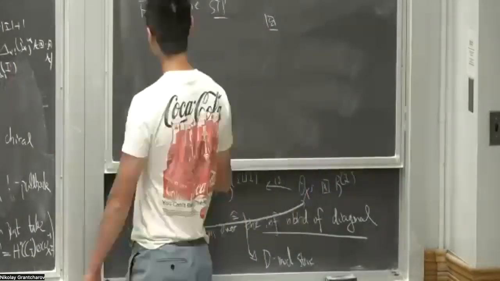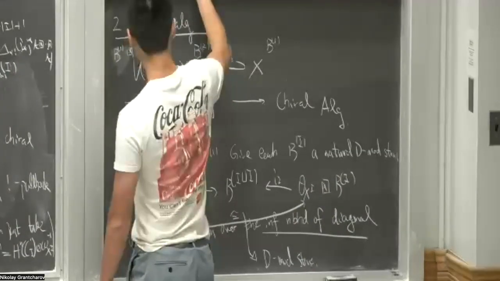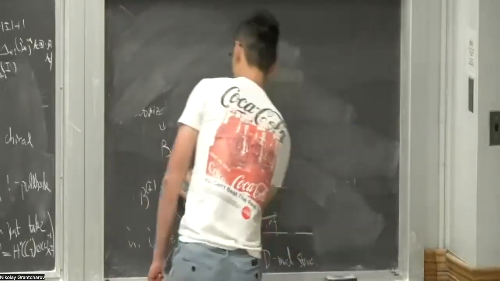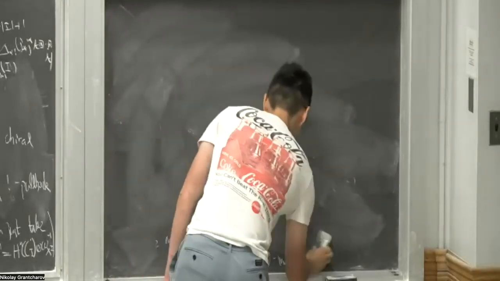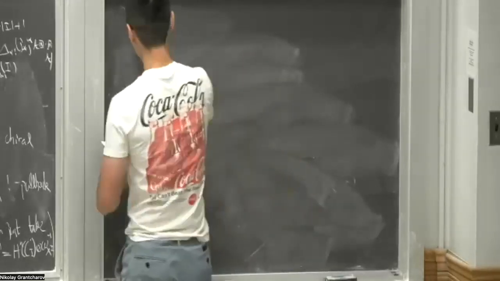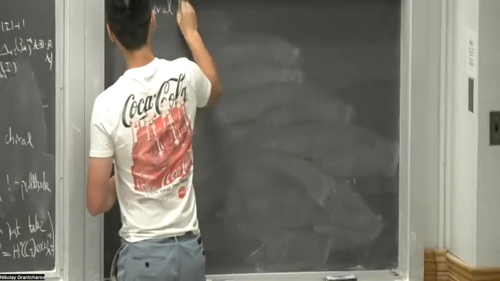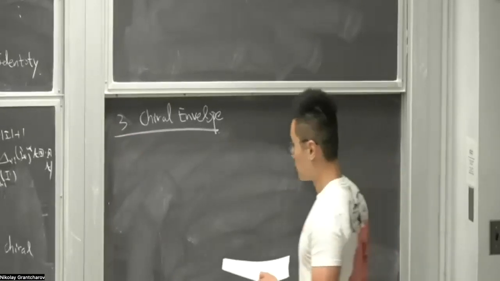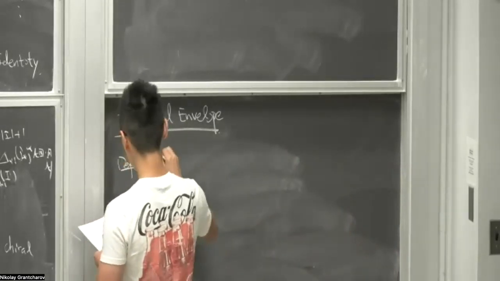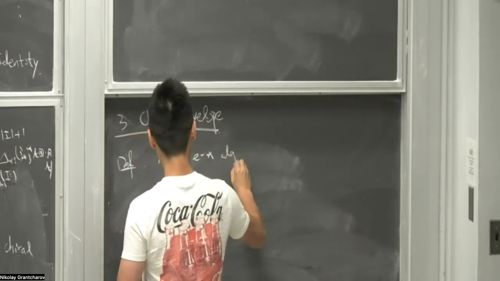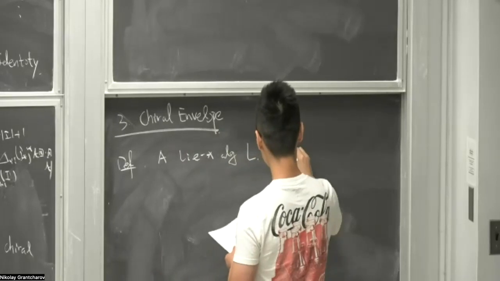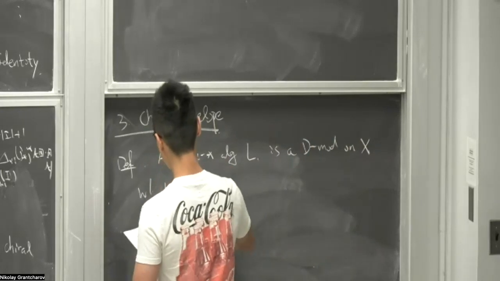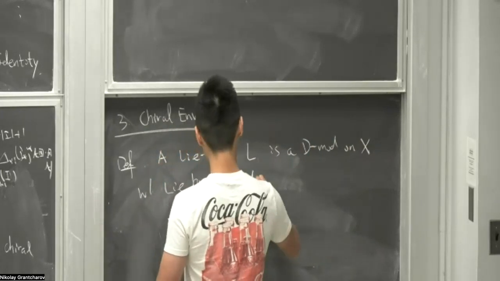So we have this Lie algebra, a D-module with the Lie brackets, on the nose, right?